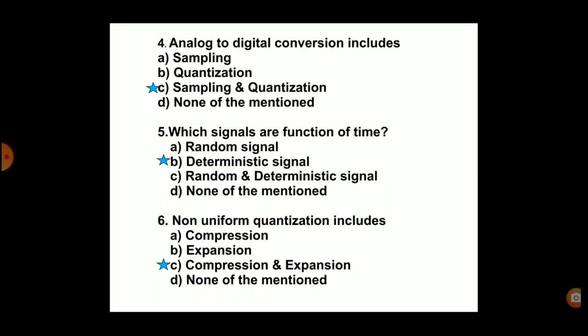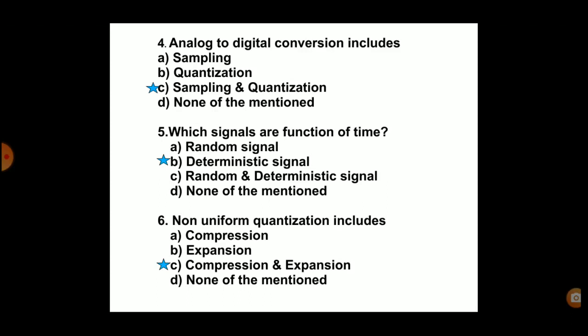Next question. Which signals are a function of time? Options are random signal, deterministic signal, random and deterministic signal, none of the above. Correct answer is deterministic signal. Non-uniform quantization includes, options are compression and expansion, none of the mentioned.